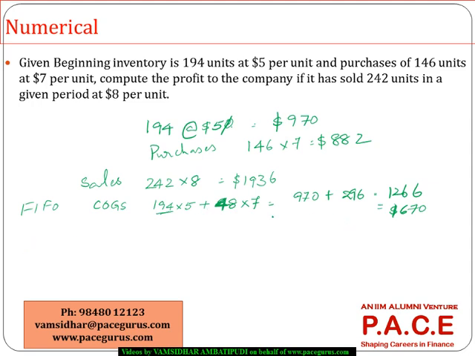And what would have been the inventory in this case? Out of 146, 48 are consumed. So 98 goods at the rate of 7, $686 will go as a part of the inventory. So the total: 1266 go into the cost of goods sold and 686 go into the inventory.